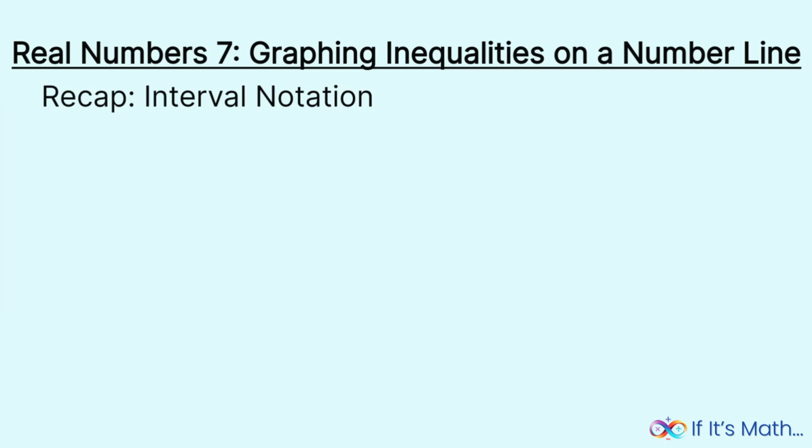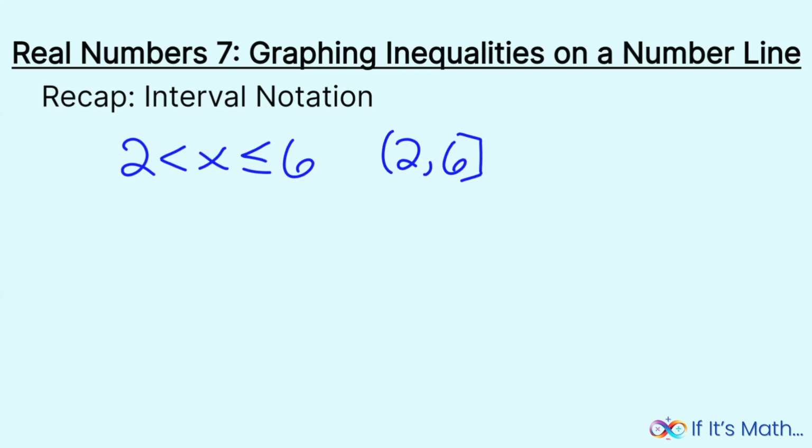The best way to graph an inequality on a number line is to first put your inequality into interval notation. So let's quickly go back over how to do that. Remember that interval notation takes an inequality such as 2 is less than x, which is less than or equal to 6, and turns it into this much easier to write interval notation.